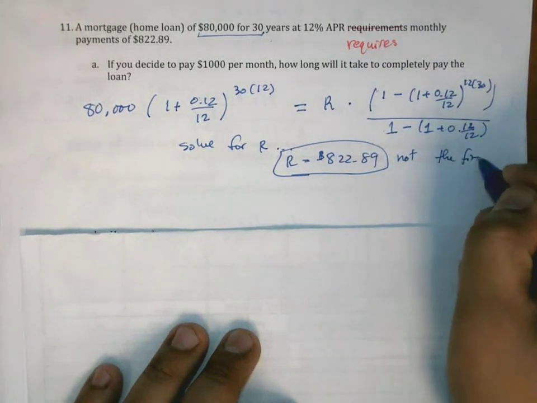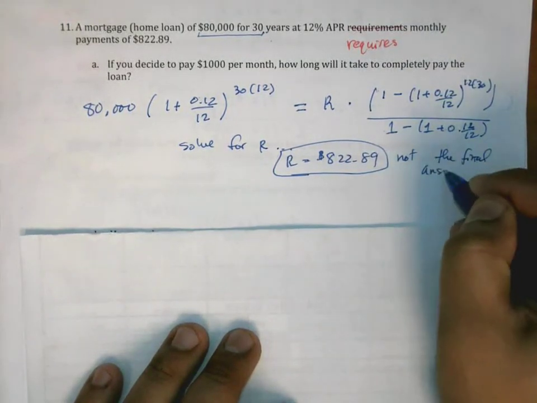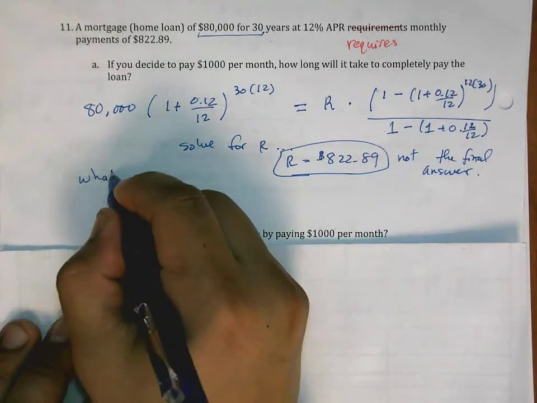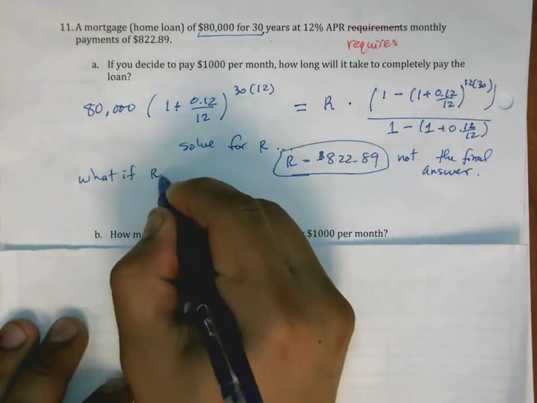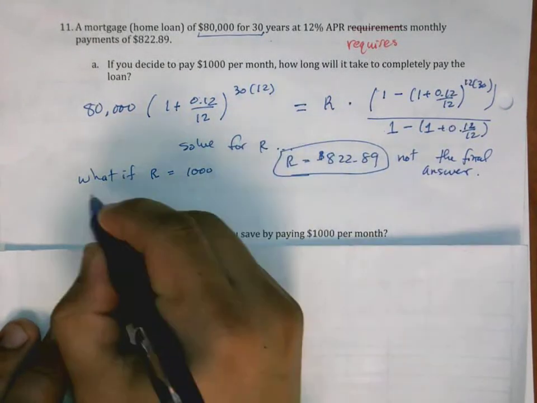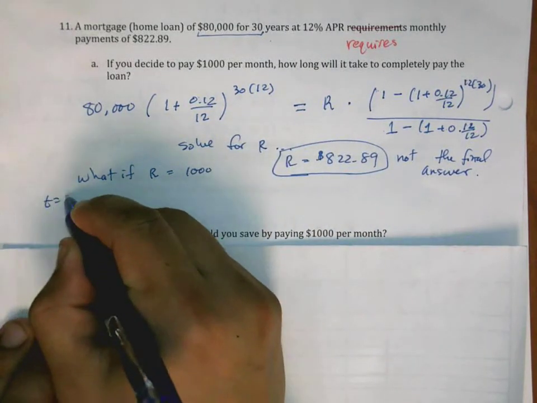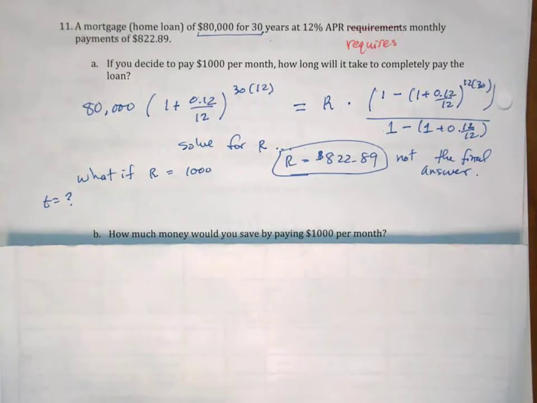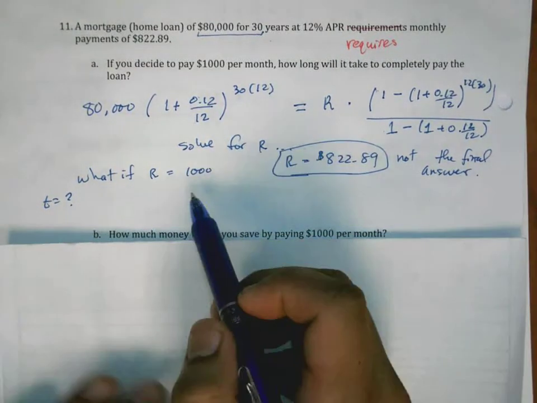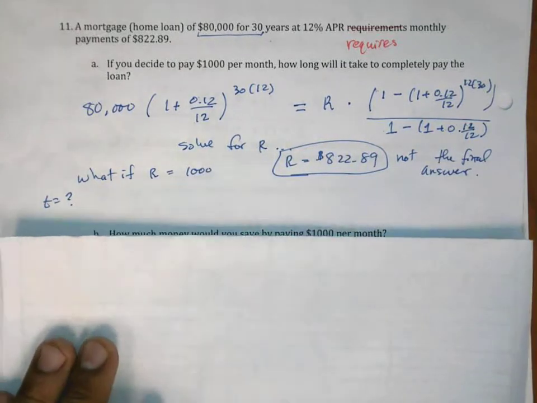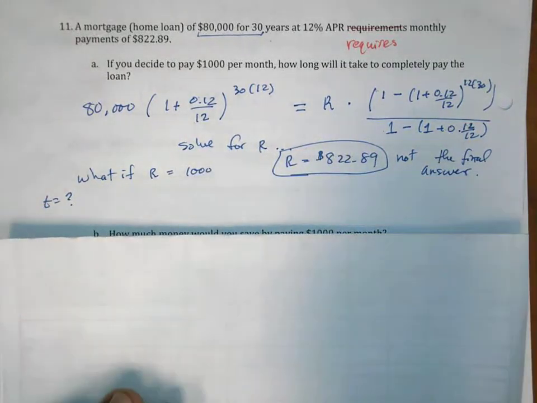Okay, what we want to know is, what if R is equal to 1,000, and then what would T be equal to then? So, in other words, if I was to solve this problem and I set R equal to $1,000, how long would it take me to pay off the loan? Okay, so let's set up the annuity side of this equation first.